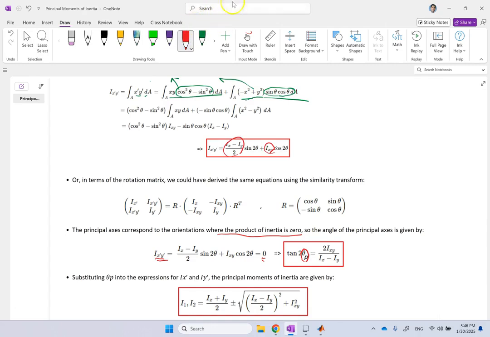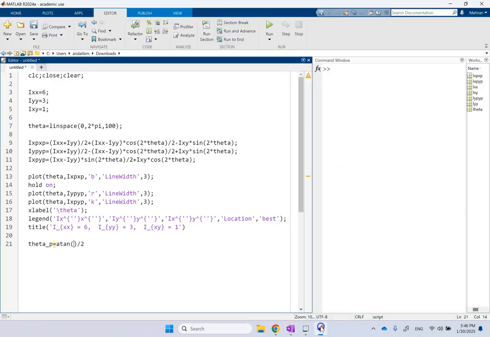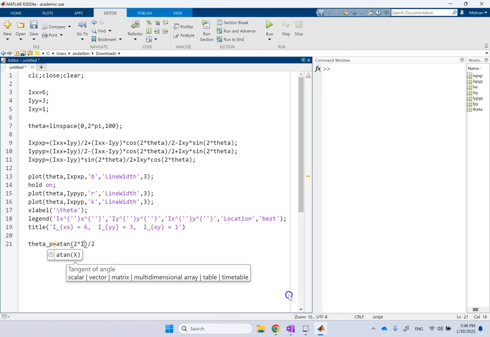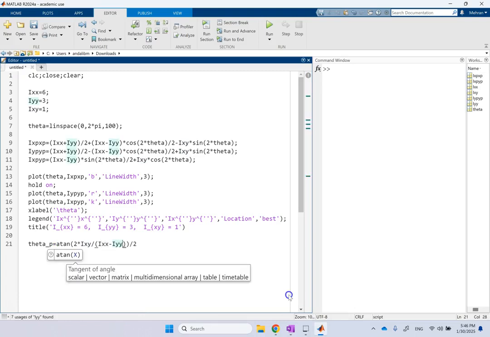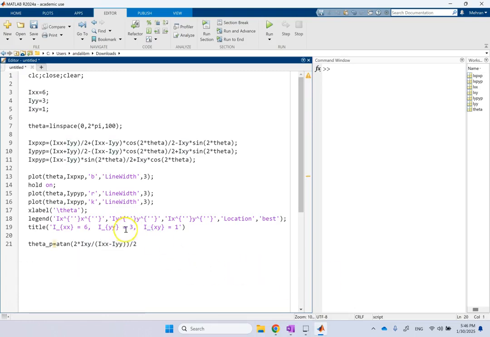So 2 times Ixy divided by the difference between Ixx and Iyy. This should be the angle. And if we calculate this angle, how much would that be?